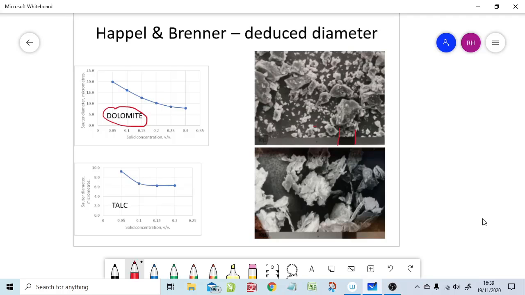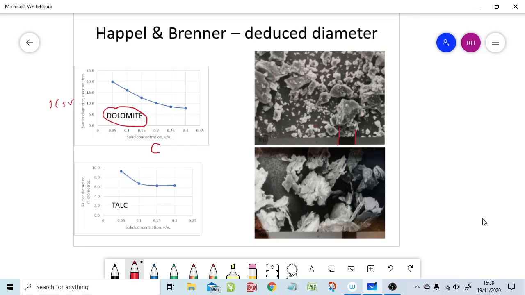Again, we have the SOTA mean diameter plotted here against solids concentration plotted here, and these are values of the SOTA mean diameter as deduced from the force balance and the Happel and Brenner permeability equation in that force balance.